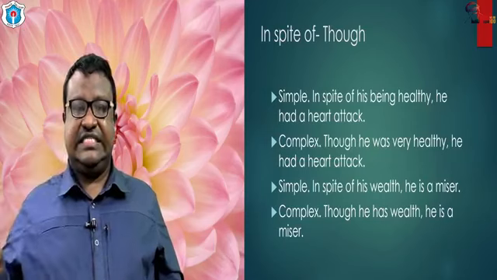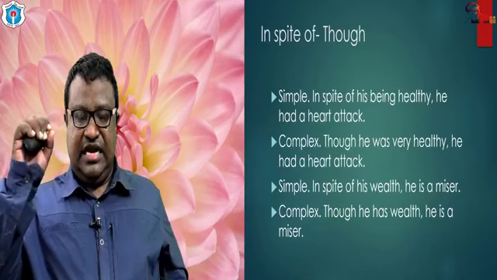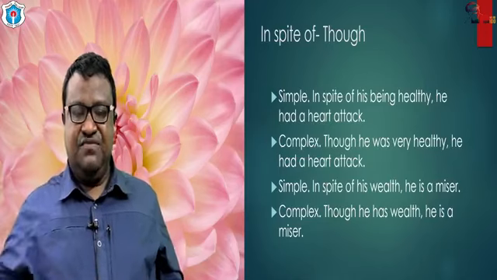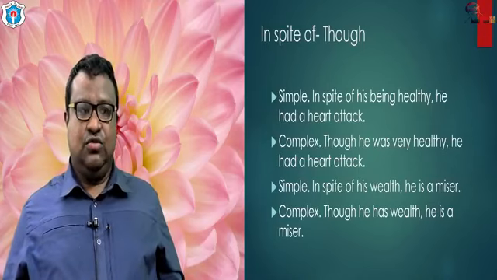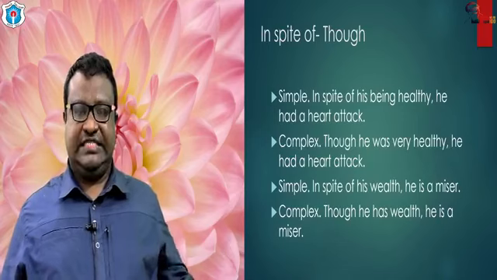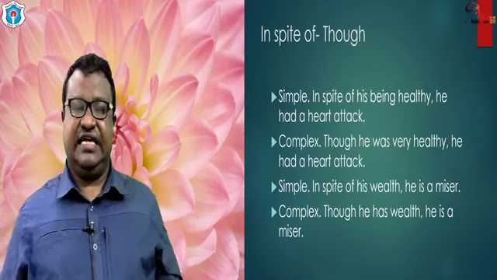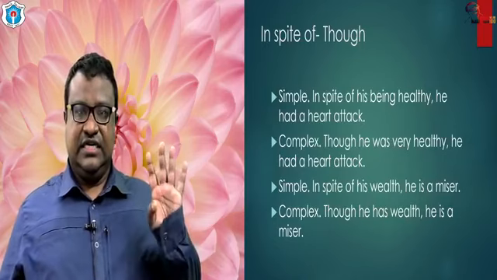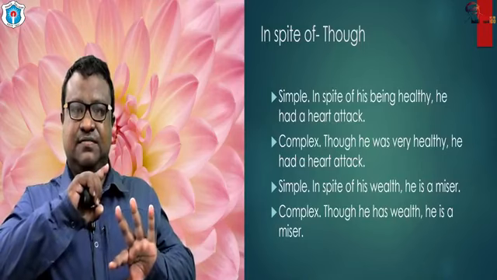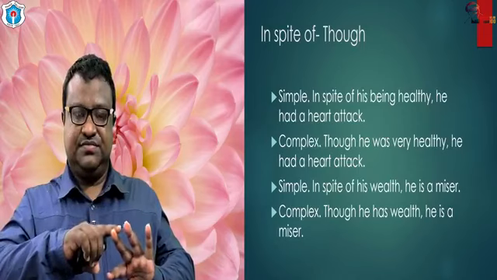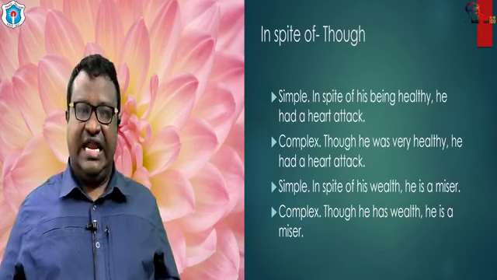In these cases, that is, when there is a main verb instead of any verb to be or any verb to have, we will use the formula though plus subject plus main verb. In spite of his working hard, he failed in the exam. Though he worked hard: though plus subject he plus main verb worked, then the extension part. Though he worked hard, he failed in the exam.